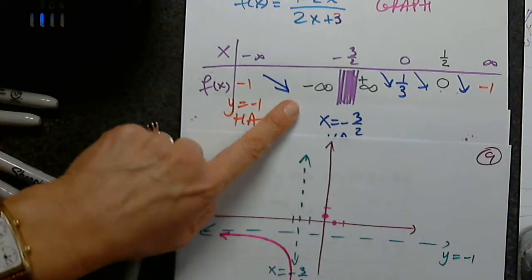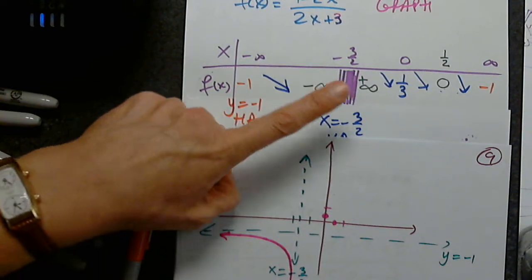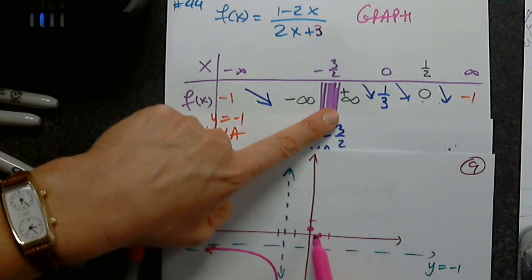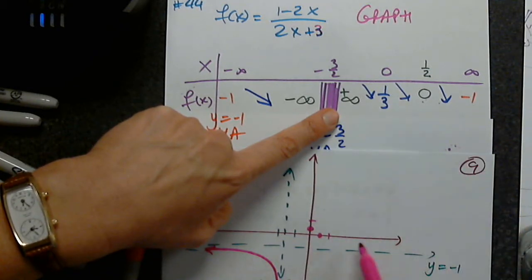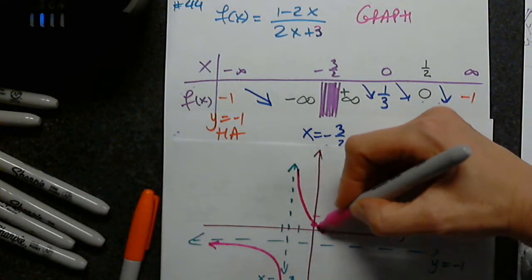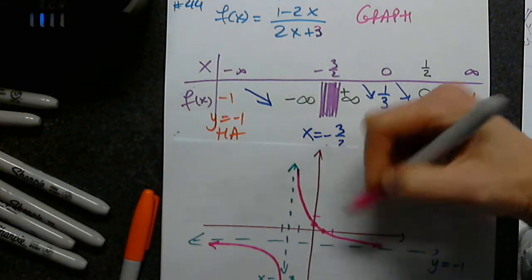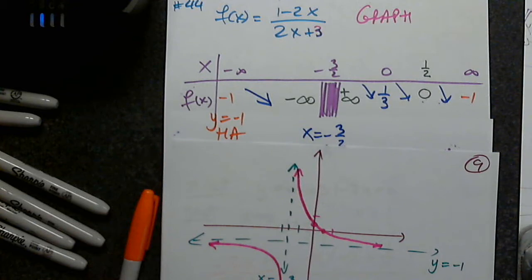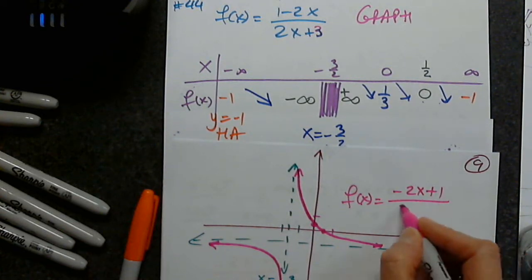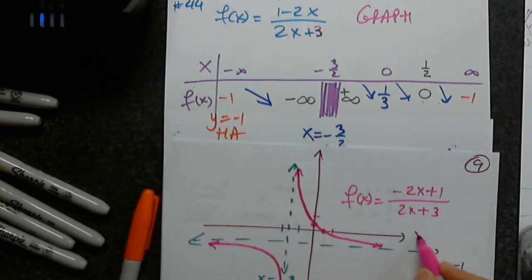That's what this says. Then on the right-hand side of the vertical asymptote, I start from positive infinity. It crosses here, and approaches negative 1 from above. This is the graph of the function f of x equals (negative 2x plus 1) over (2x plus 3).